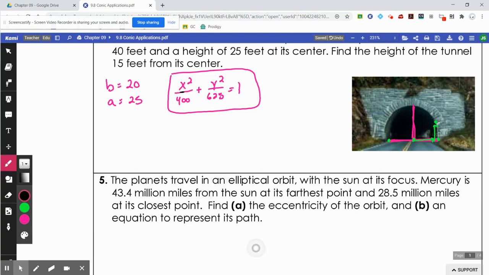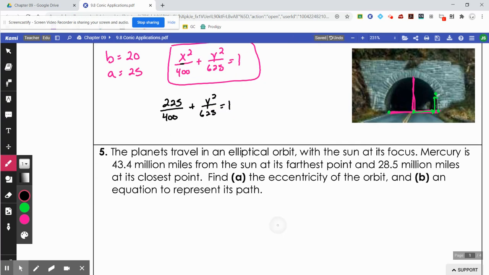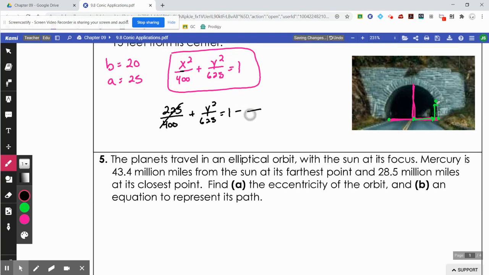So you have 15 times 15, which is 225 over 400, plus y squared over 625 is equal to 1. Move this over by subtracting, and you can find a common denominator there. Let's go ahead and reduce that though. That actually reduces to 9/16, and that's going to make our problem a little bit easier.